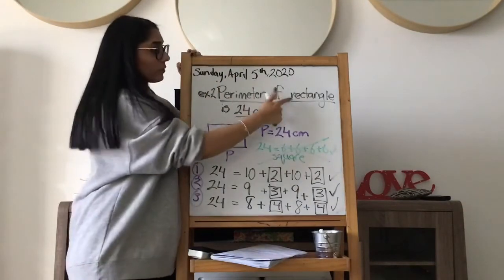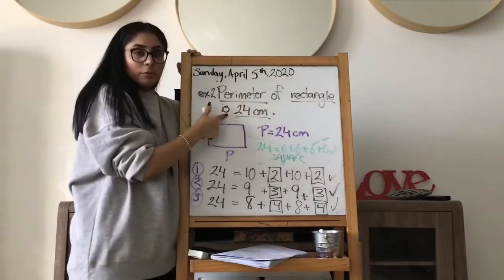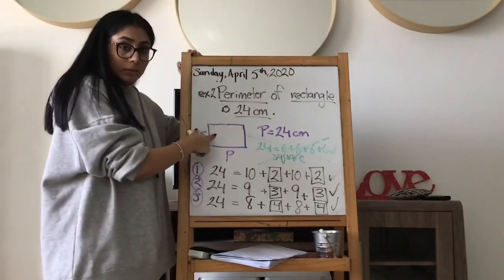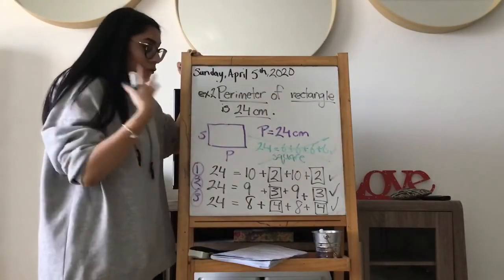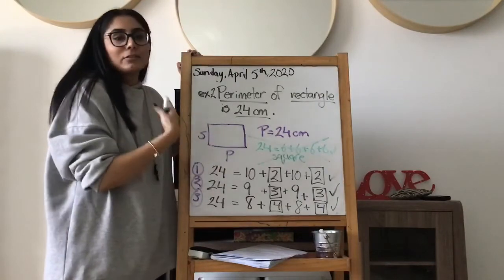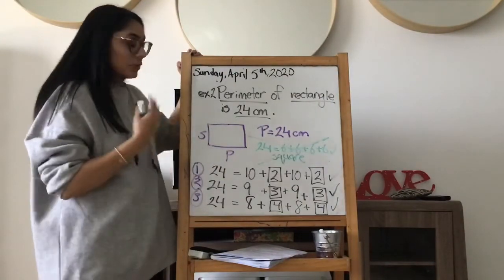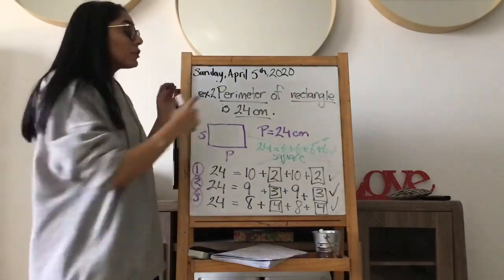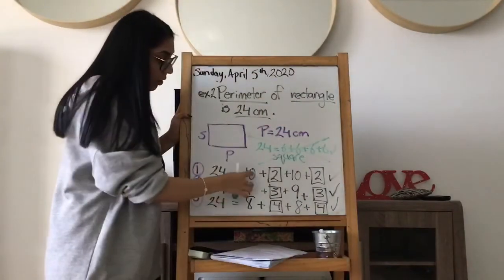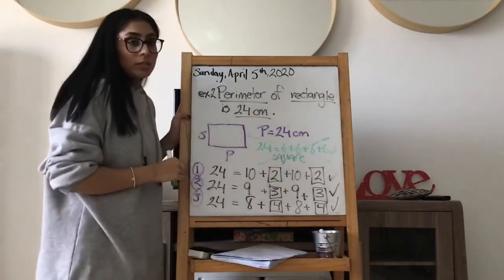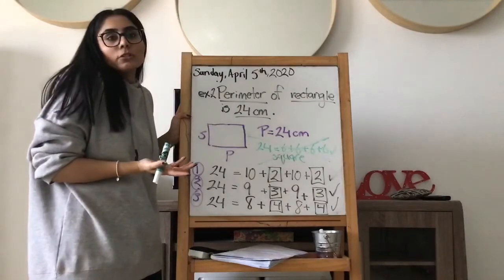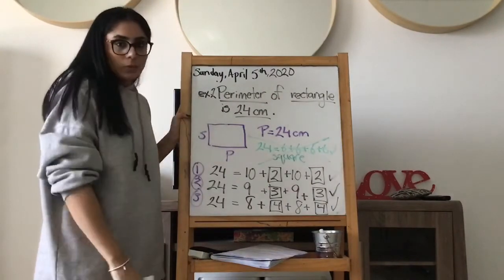So step 1 is to figure out, okay, I have the shape and I have the perimeter. Draw the shape, put in variables, and then you're just trying it like a puzzle piece, right? You're just trying some puzzle pieces until you get it to equal. But make sure if I say rectangle, two of them are the same, 2 of them are not. Square, there's only one option, so I don't usually do squares because that's an easy one, right?